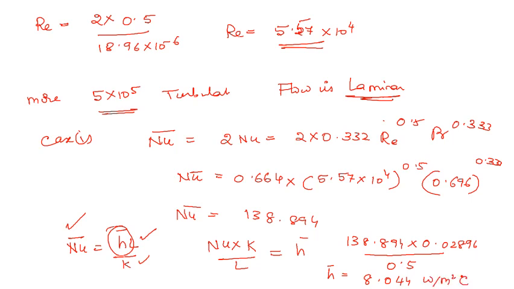So we got the H value, and next I have to find out Q. To find Q, we have to use the heat transfer coefficient, area, and temperature difference. So I'm using the average convective heat transfer coefficient into area.